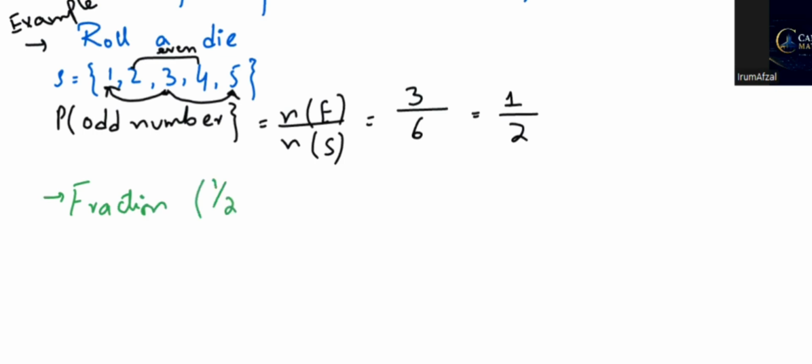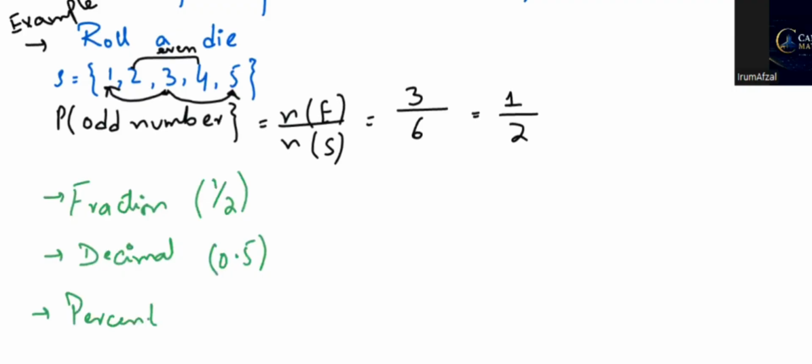It can be in the form of a decimal as well, like 0.5, or in the form of a percentage as well. We know that there is a 50% chance of getting an odd number when we roll a die.